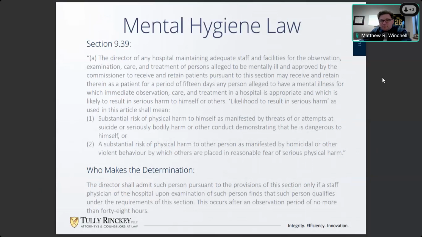This is where the red flag law deviates from the mental hygiene law, which is where the red flag laws were authored from. Under the mental hygiene law, a physician needs to make the determination after a 48-hour hold that the person is a threat to themselves or others. A physician.